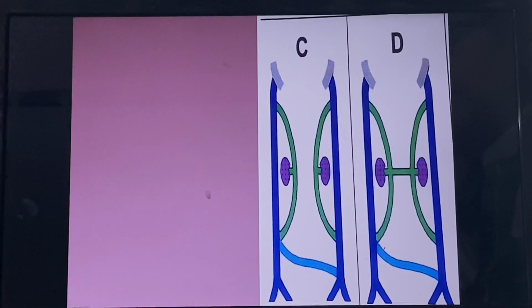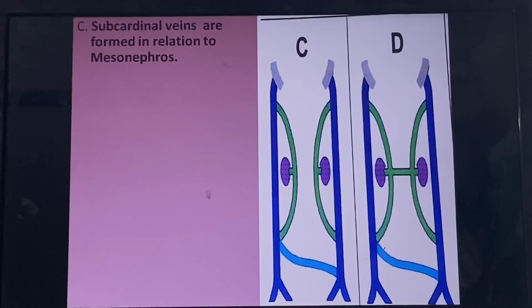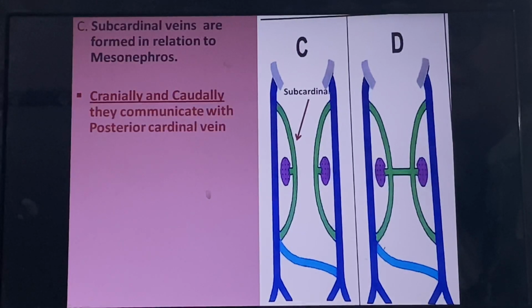Now what are the different changes which happen after that? The subcardinal veins are formed in relation to the mesonephros. You can see in the diagram, the subcardinal veins appear in relation to the mesonephros. Cranially and caudally, they communicate with the posterior cardinal vein.